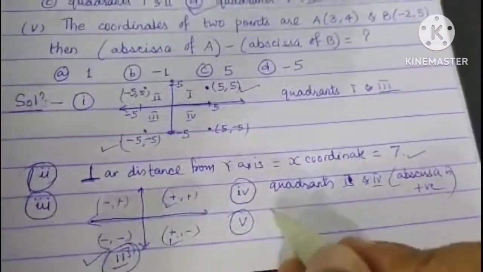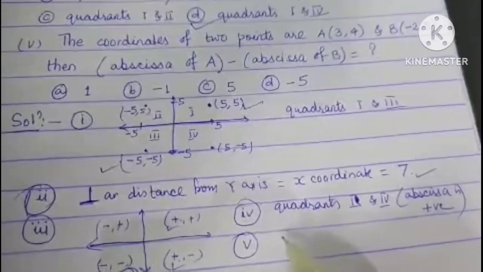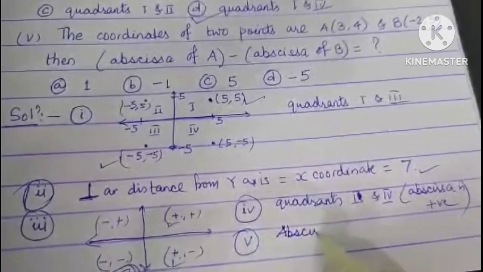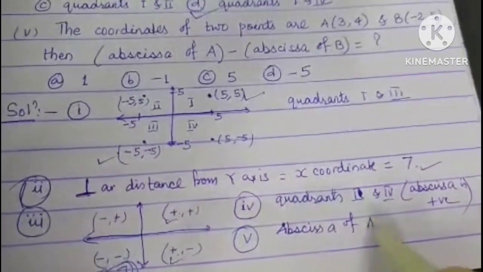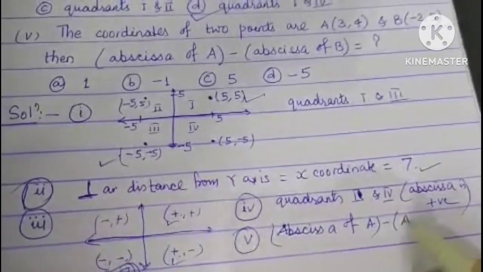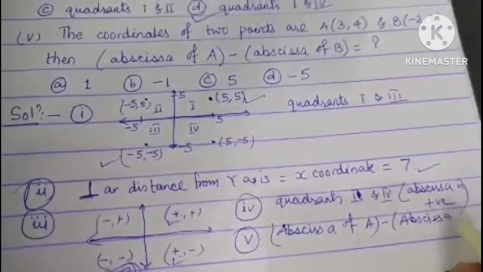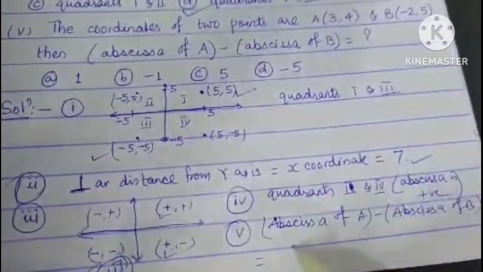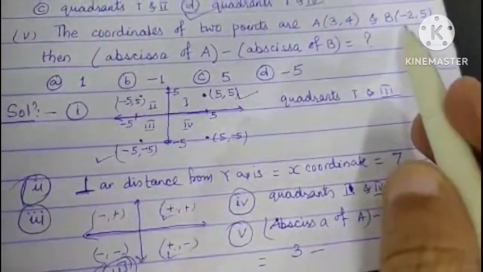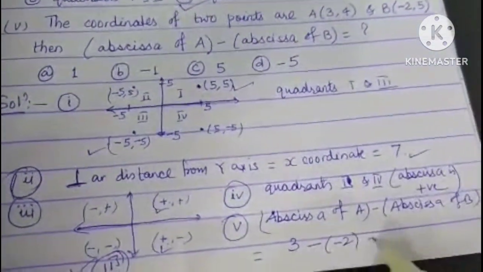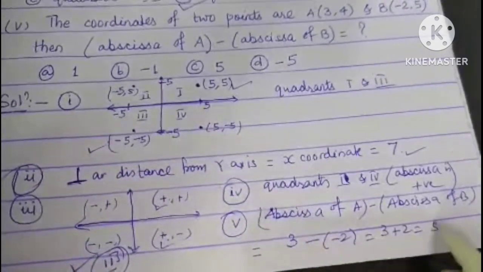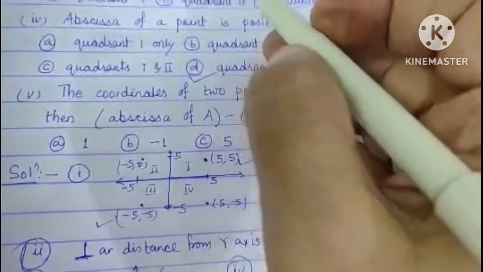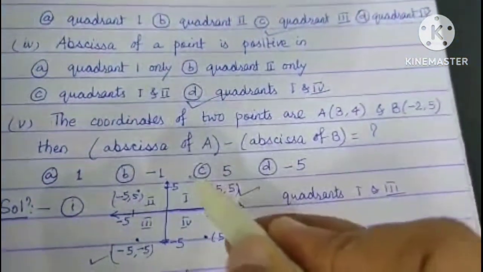So abscissa of A minus abscissa of B. Abscissa of A is 3 minus, that is minus 2, that is equal to 3 plus 2, that is equal to 5. So the answer will be 5.